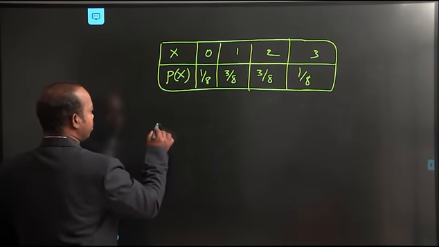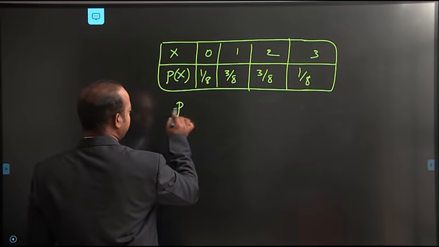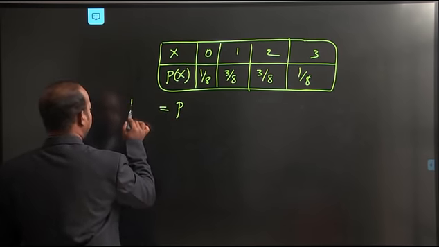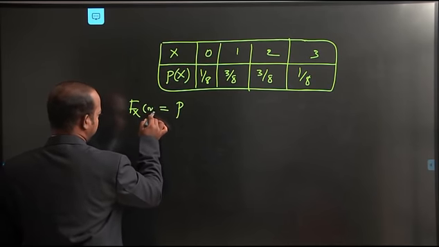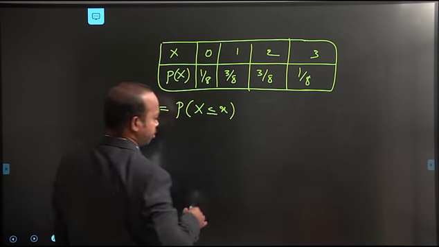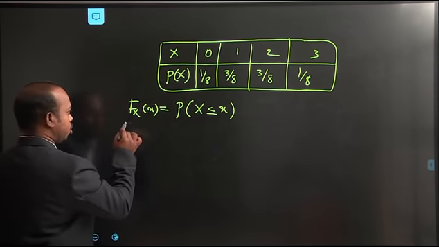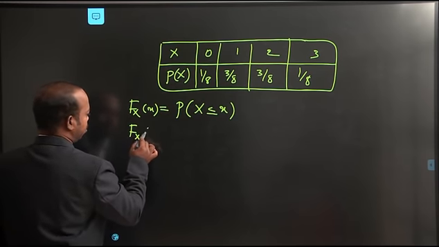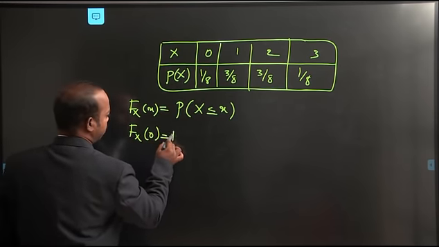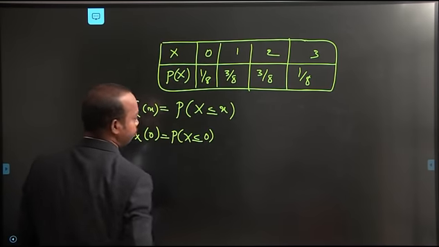What is the distribution function formula? Writing in symbol notation, F_X(x) is equal to probability of capital X less than or equal to small x. Now you need to find the value at 0. F_X(0) is equal to probability of capital X less than or equal to 0.